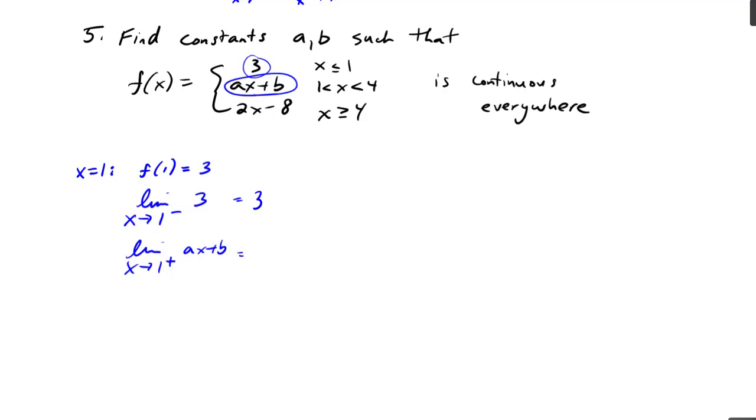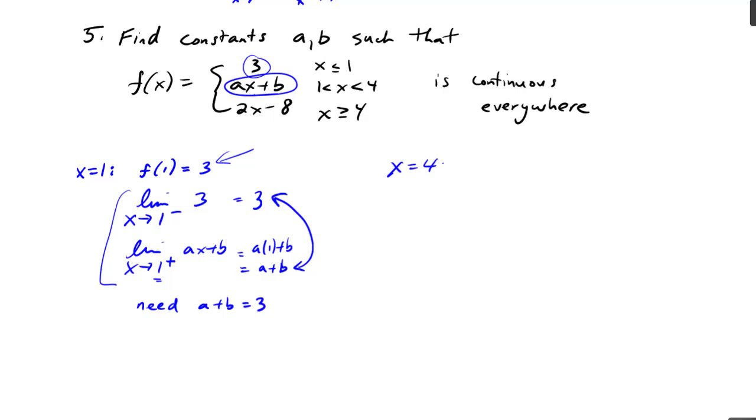So from the left that would just give 3, but as x approaches 1, ax plus b would be a times 1 plus b, or in other words, a plus b. So if I want continuity there, I would have to have these things be equal. So I need a plus b equal to 3. That would give me the limit existing and equaling 3 and being the same as the function value.